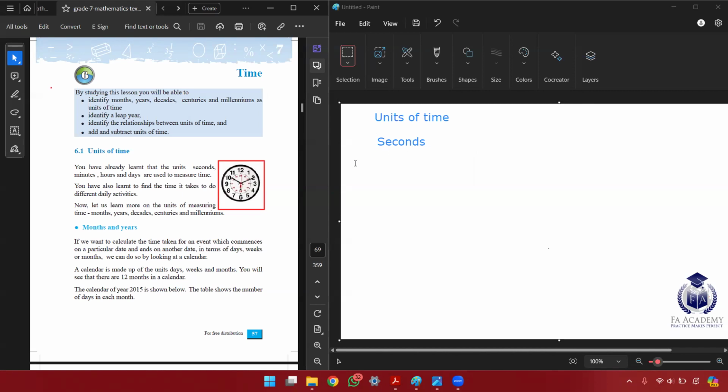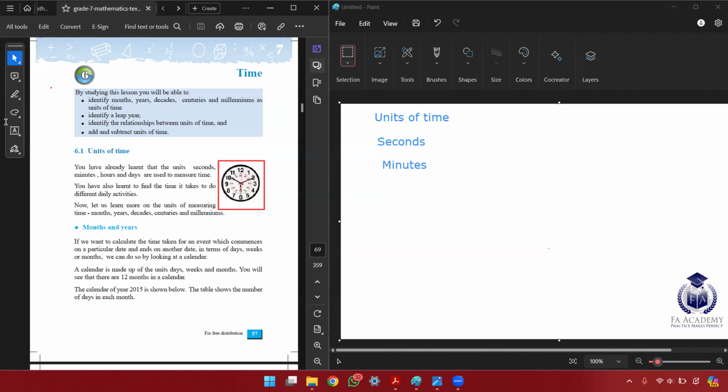Okay, so we have seconds, then we have minutes, which is a little bit bigger than the seconds. When the seconds are passing, you will hear tick, tick, tick 60 times. So if 60 seconds are gone, that means 1 minute is gone, right?